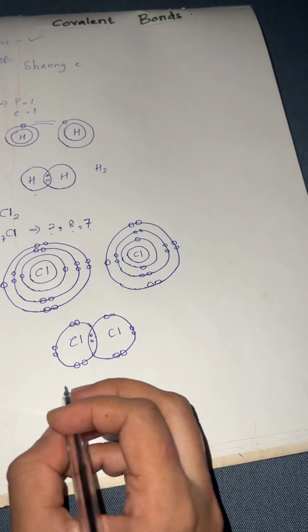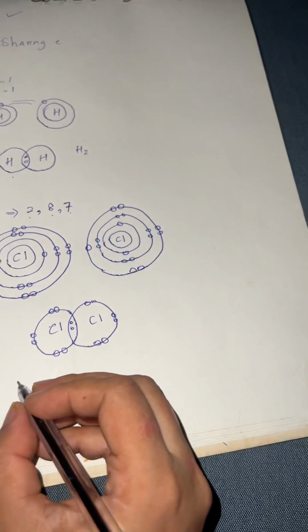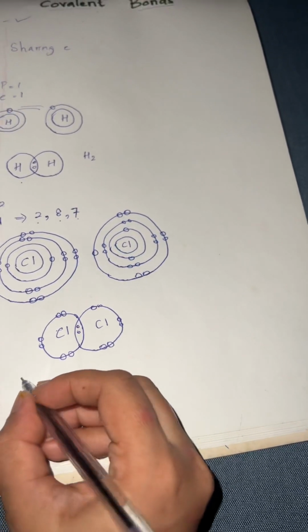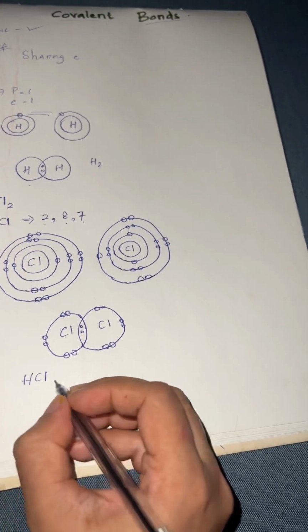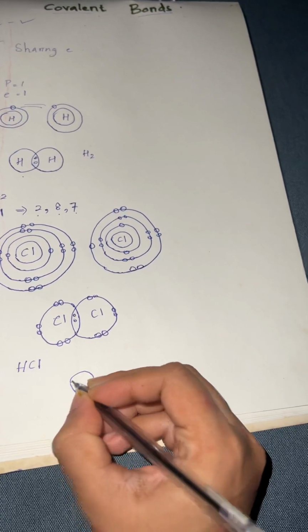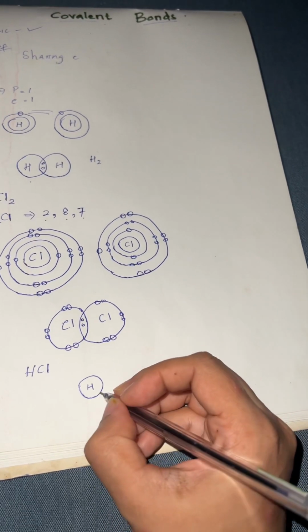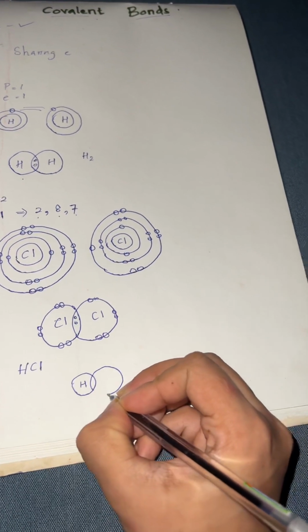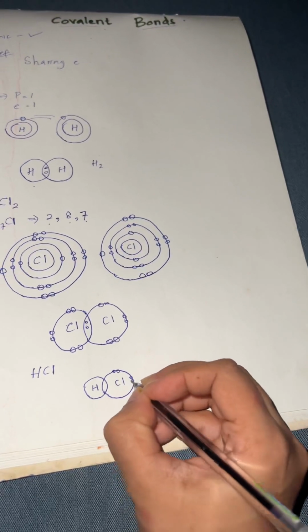Right now, I'm going to give you another example: hydrogen chloride, HCl. You already know the outermost shell I'm drawing now. H has only one electron, and the outermost shell of chlorine has 6, that is 3 pairs, plus a single one.